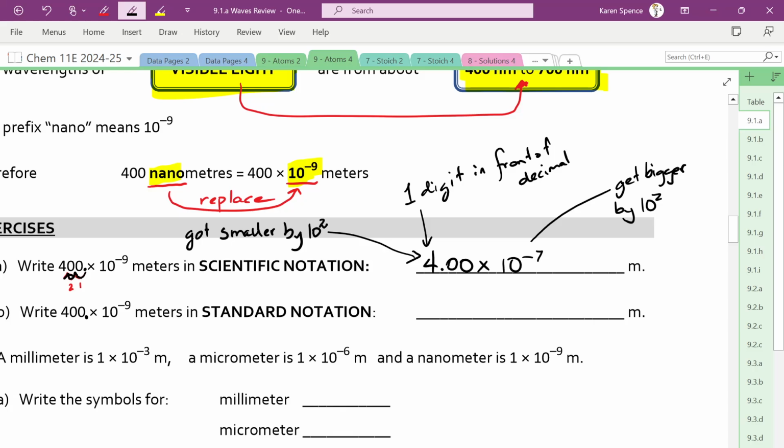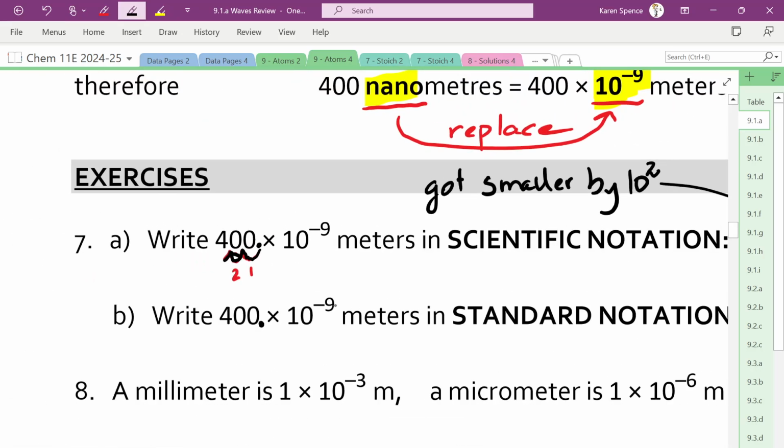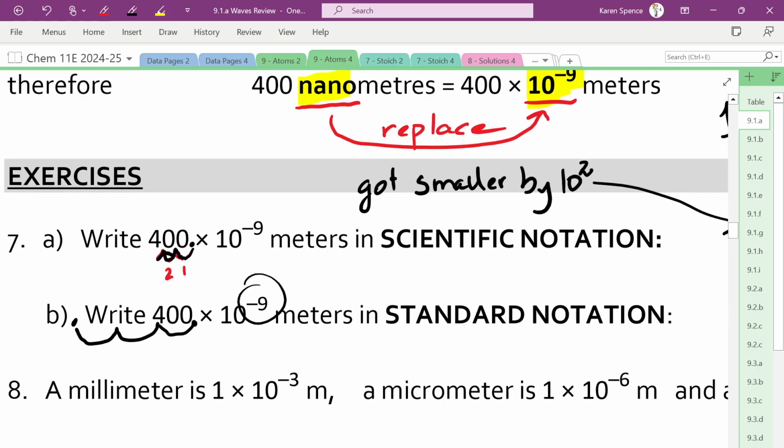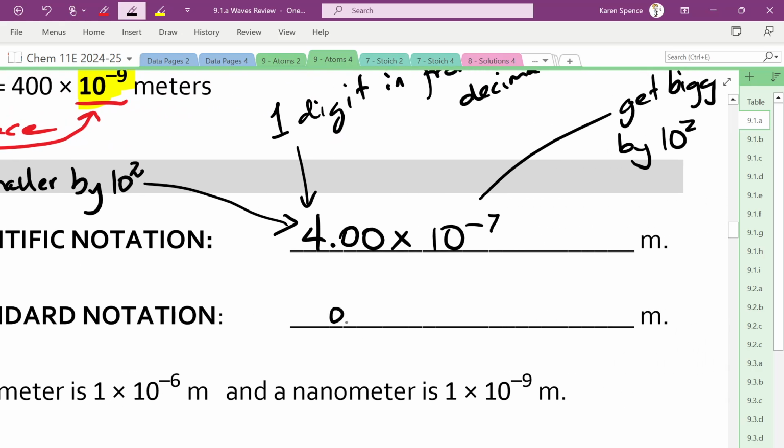So that's in scientific notation. Standard notation, how many places would you have to move your decimal? Nine places to the left. So you go 3, 6, 9, and so you'd have 0, 0, 0, 0, 0, 0, 4, 0, 0. 0.000000400 meters.